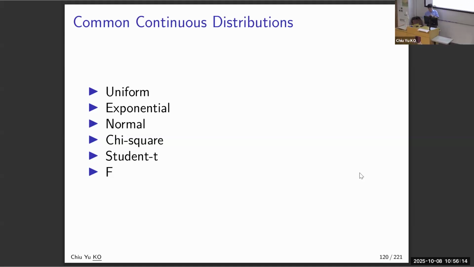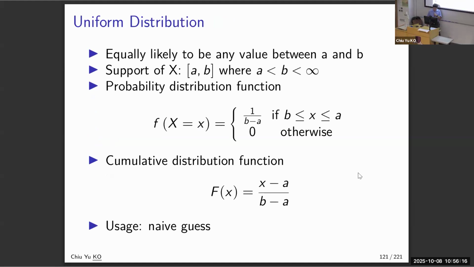Okay, so the uniform is very simple. Uniform between A and B means that any value between A and B is the same. That means if you give me two intervals between A and B, as long as the length is the same, the probability is the same.